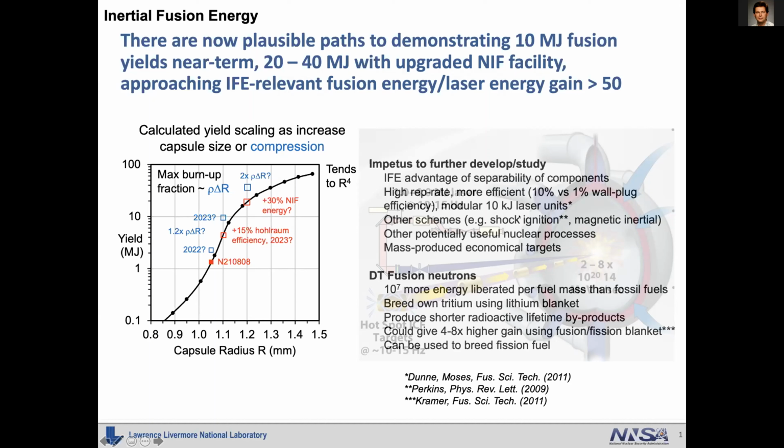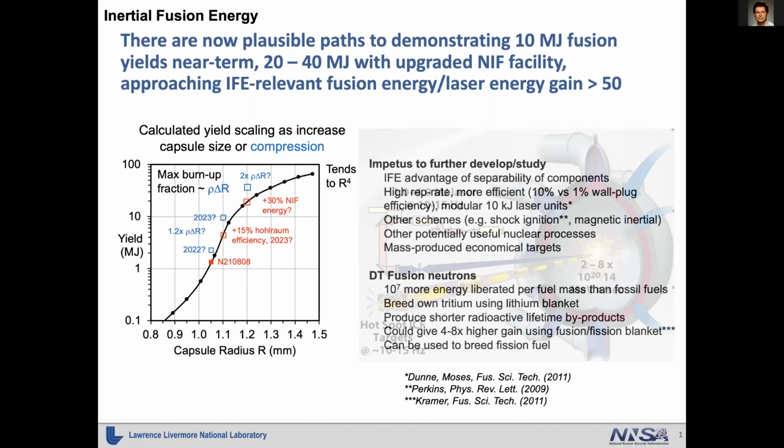There are other schemes like shock ignition and magnetic inertial, which could actually make things a little more efficient by driving it slower, with more mass, but then igniting it using a strong shock at the end. And the magnetic inertial, of course. There are also potentially other useful nuclear processes you could study if you get things hot enough, some of the aneutronic processes with other materials.